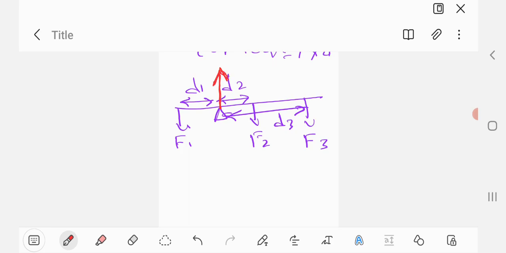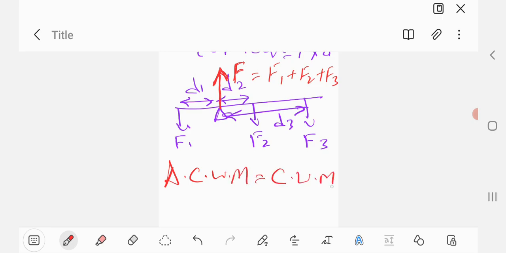And this upward force, which I'm going to mark with the red arrow, will be the sum of all three forces acting in the downward direction. I hope this will be clear to you. As well, it means the forces are balanced. And if I say moments are balanced, so anti-clockwise moment and clockwise moment will be equal.